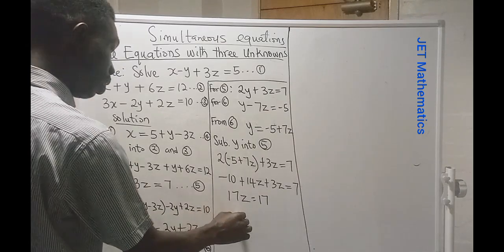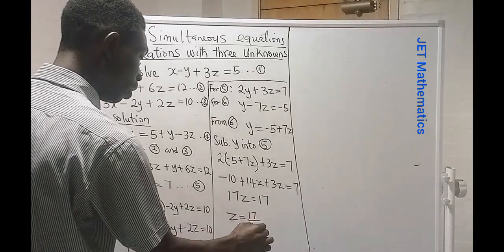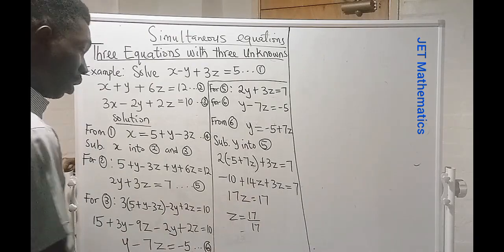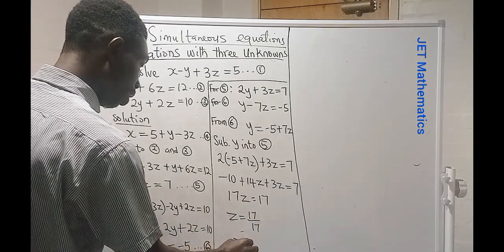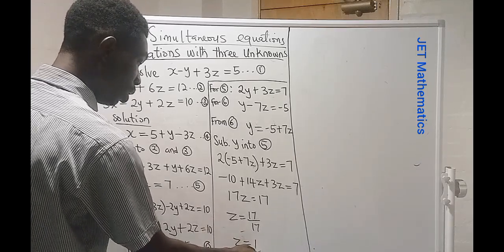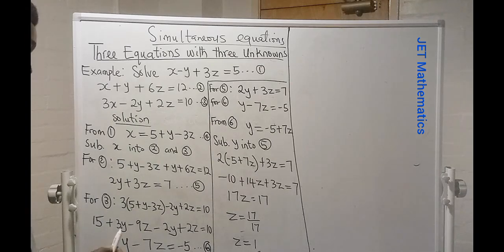So z is 17 divided by 17; we divide both sides by 17. So z is equal to 1. Pretty easy. We have gotten one of our variables, and that is z.